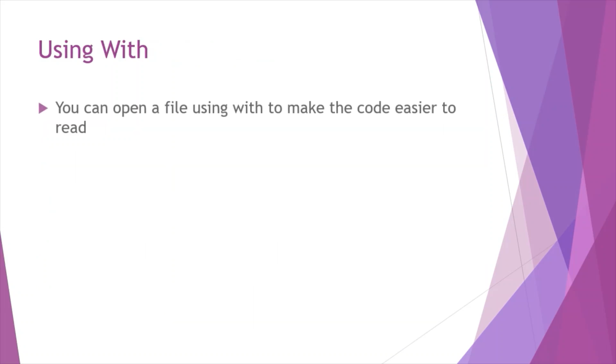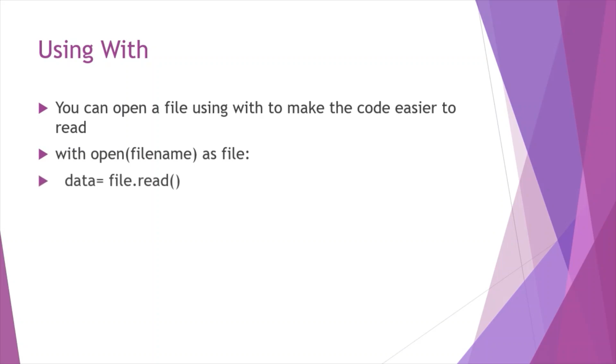So there's another way to open files as well. You can open a file using with to make the code a bit easier to read, and also you don't need the close method and some other methods as well. So with open(file name) as file, and then under that you'd do data equals file.read, for example, and that's it, just 2 lines.